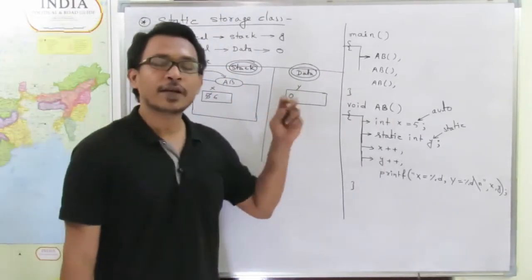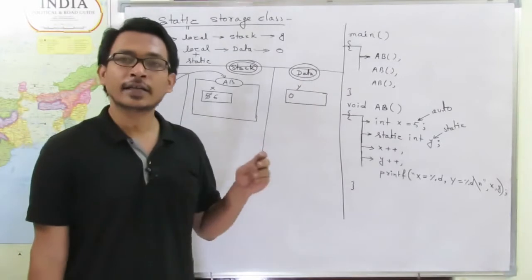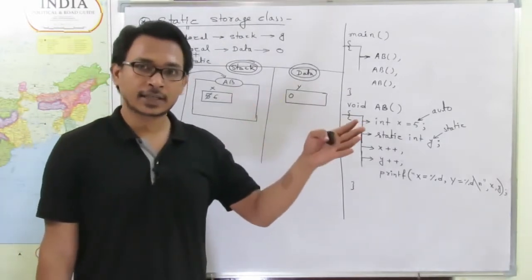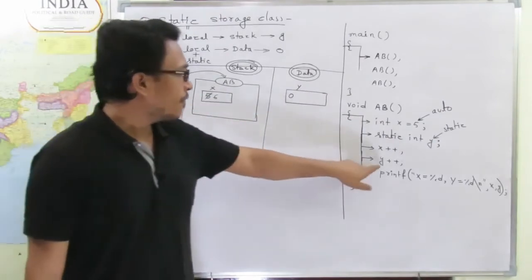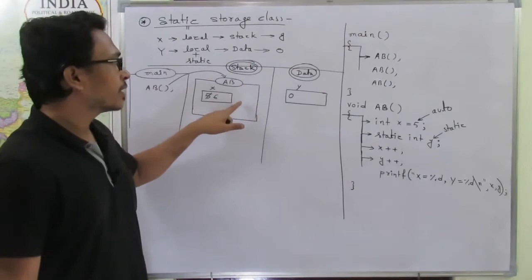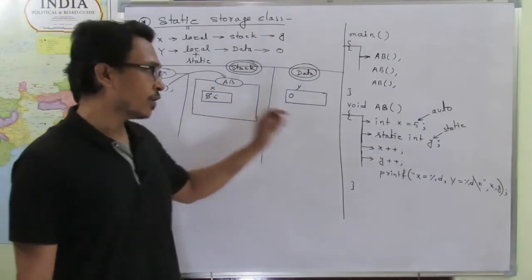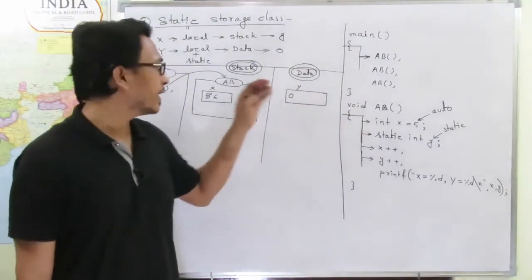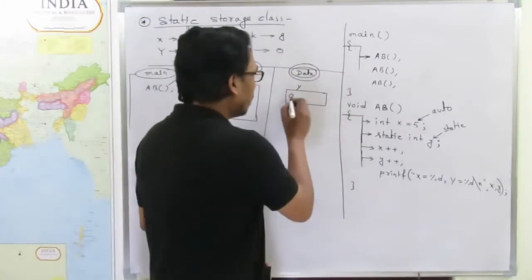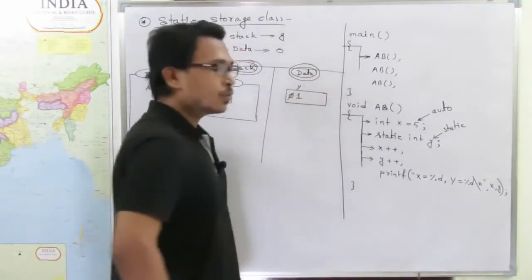After that, if the variable is not allocated in stack section, at that time it will go for the data section. Now as the y variable inside the ab function in stack is not declared, the system will search for the y variable in the data section, and in the data section it will get the variable y. Now the value of y will increase to 1.